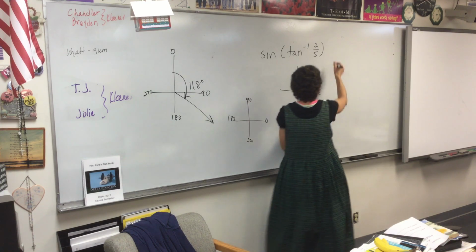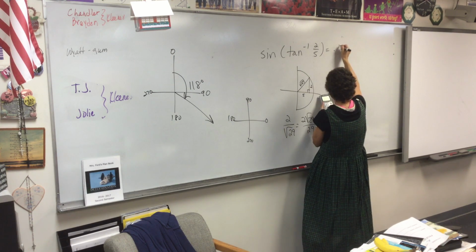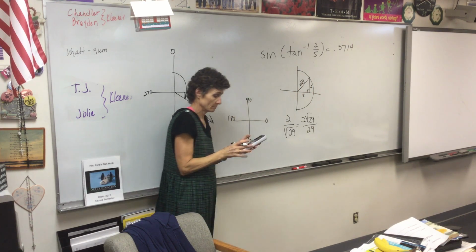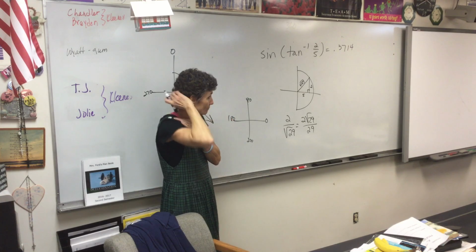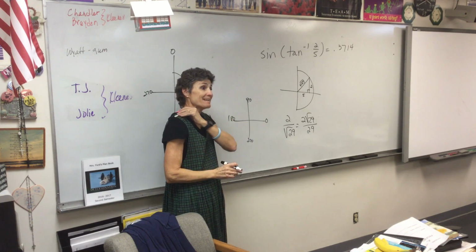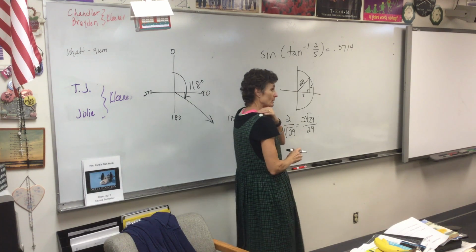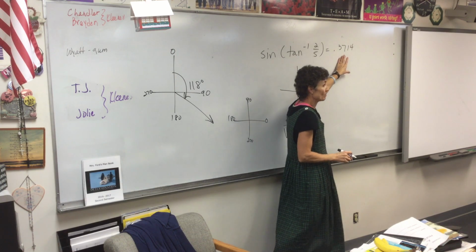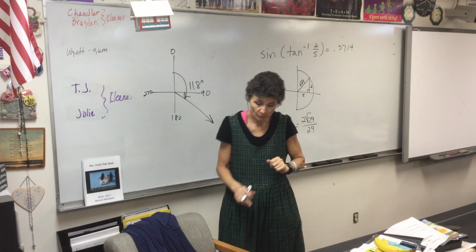And you should get on the calculator 0.3714. So the exact answer, not rounded off, the exact answer is right here. This is the decimal answer that you rounded off to write down.